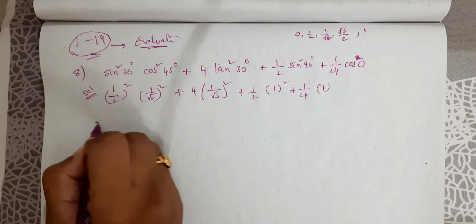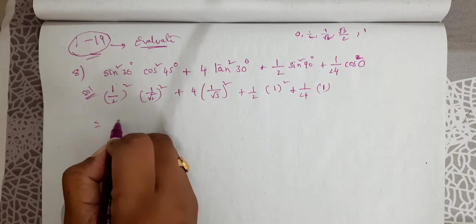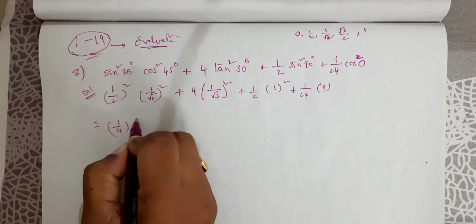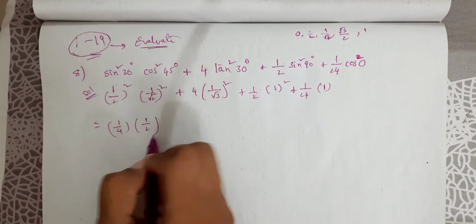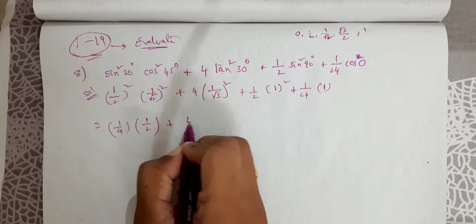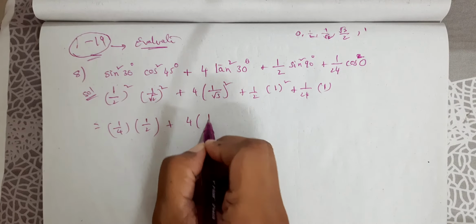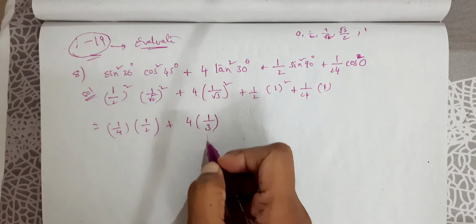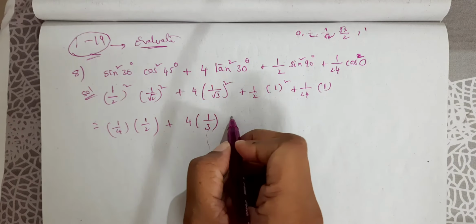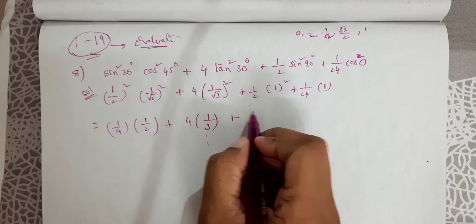Now this is equal to 1 by 2 whole square, which is 1 by 4. 1 by root 2 whole square is 1 by 2. Root and square will get cancelled. Plus now 4 times of 1 by root 3 whole square. Root and square will get cancelled and we have 1 by 3.